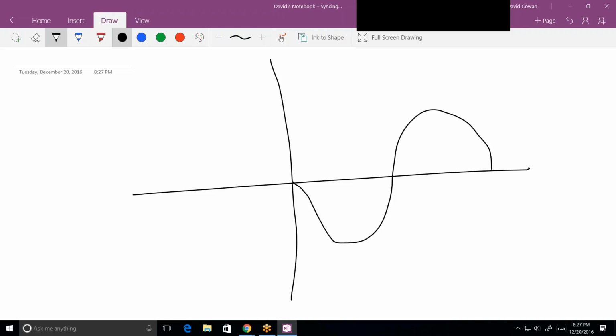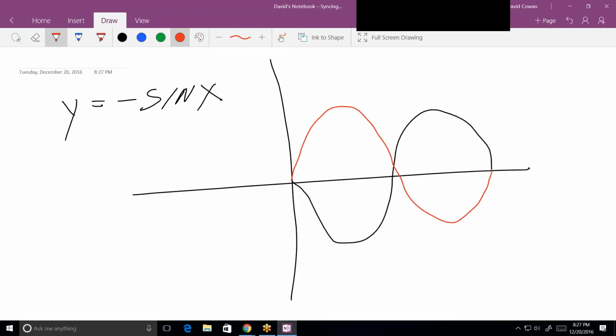Negative sign. Very good. In other words, we're looking at the sine curve that's been reflected over the x-axis. The unreflected curve would have looked like that, which we should have recognized immediately as sine x, and you recognized negative sine x. Okay?